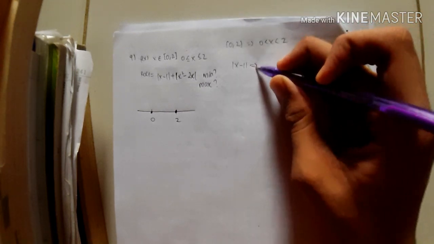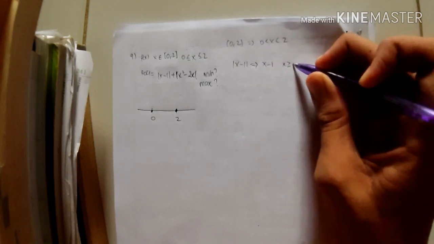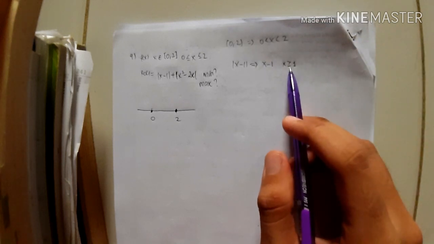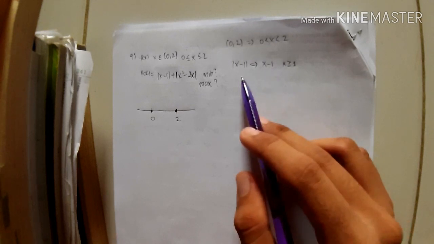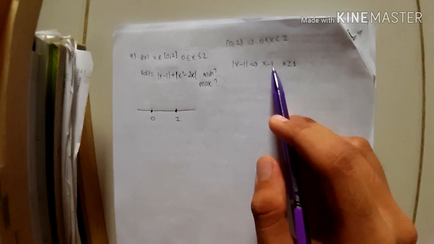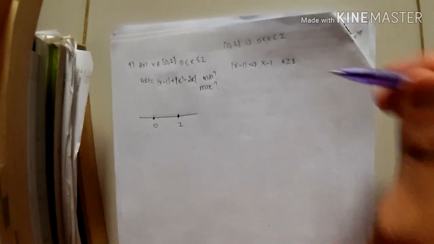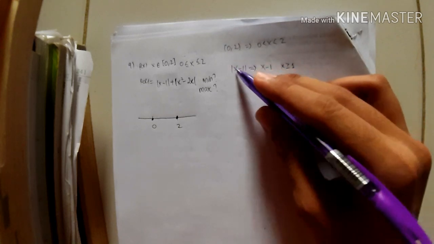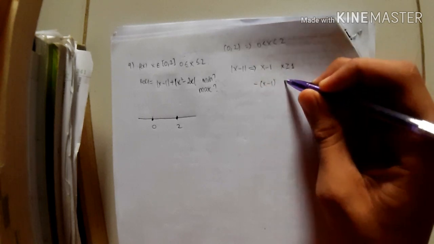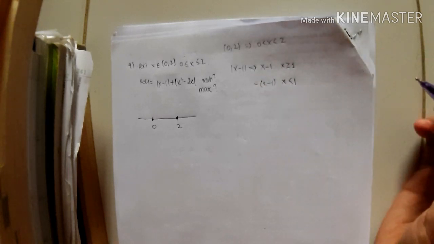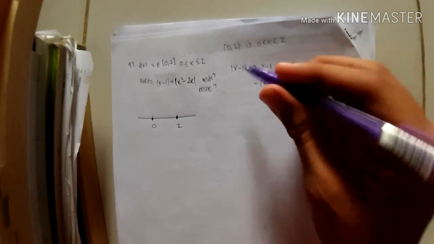If you have a value less than 1, like 0.9, it makes that negative, 0.8 as well. So for this to be positive, it needs x greater than 1. And for the content of the absolute function to be negative, it is x less than 1, right? I will show you what this means.